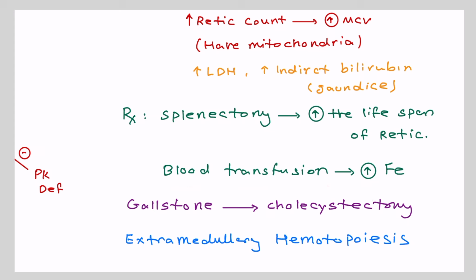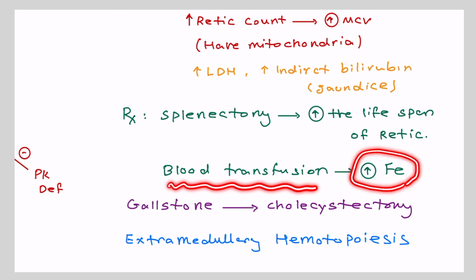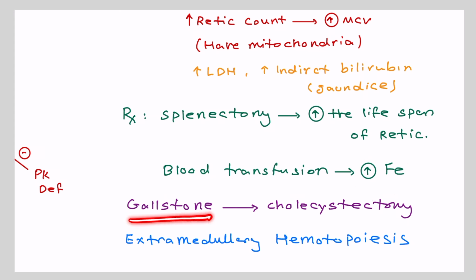But also keep in mind that repetitive blood transfusions can cause hemochromatosis and iron overload. Gallstones are a very common feature of this condition due to chronic hemolysis, and usually get treated with cholecystectomy, and this can present in the first decade of life.